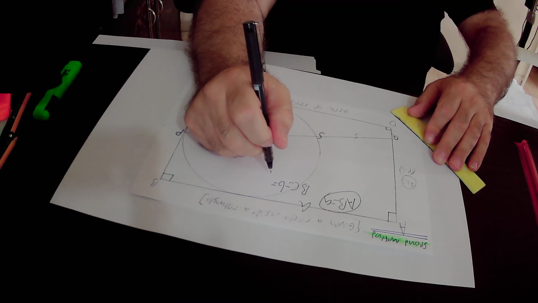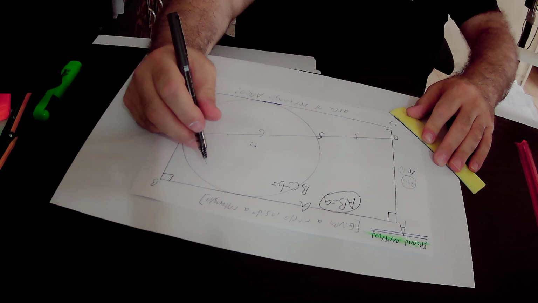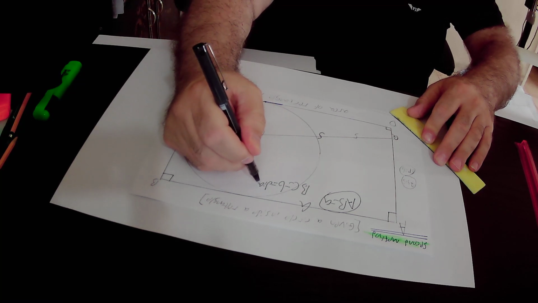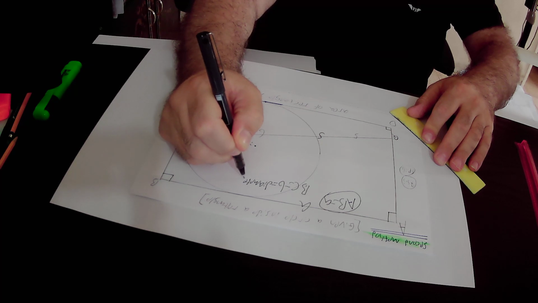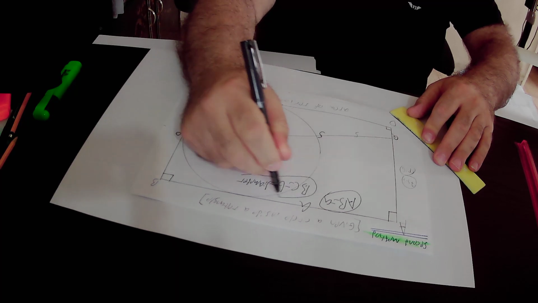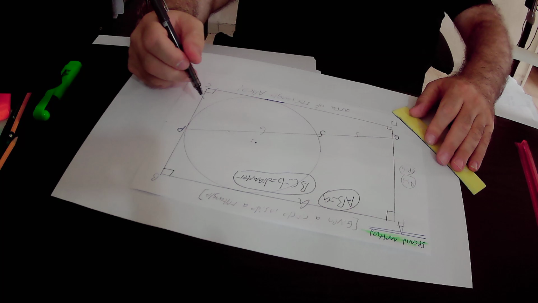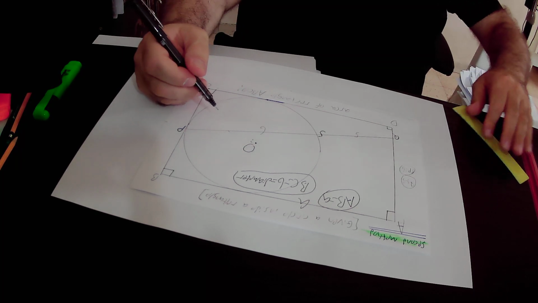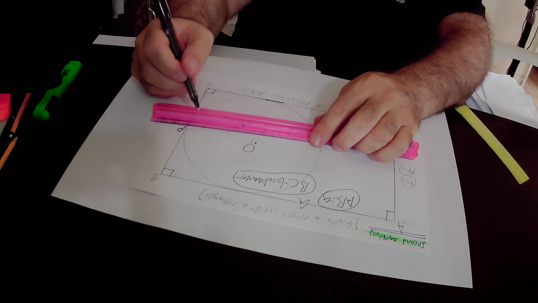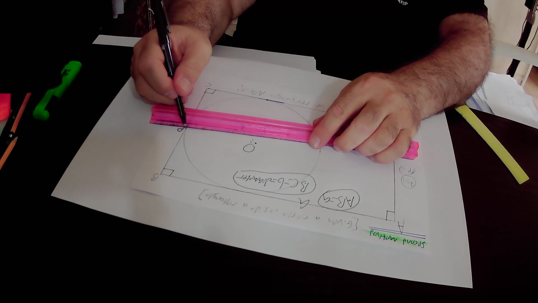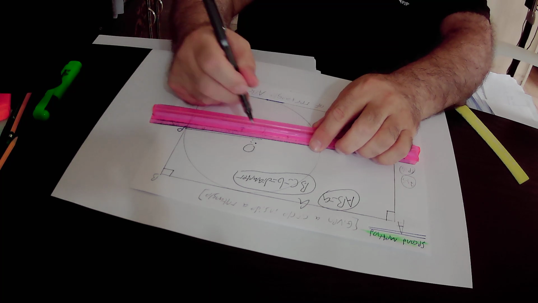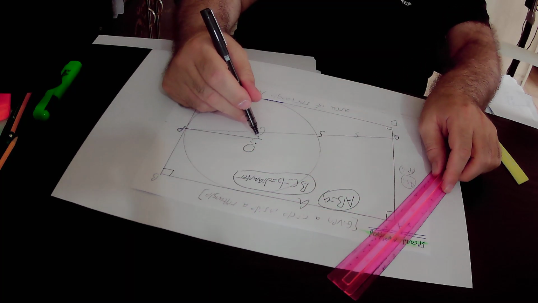I've already explained to you that BC is also the diameter of the circle, so I write it down. We define the center of the circle as O. We join points O and P together by a straight line. P is the point of tangency of tangent BC with this circle. Point O is the center of the circle.